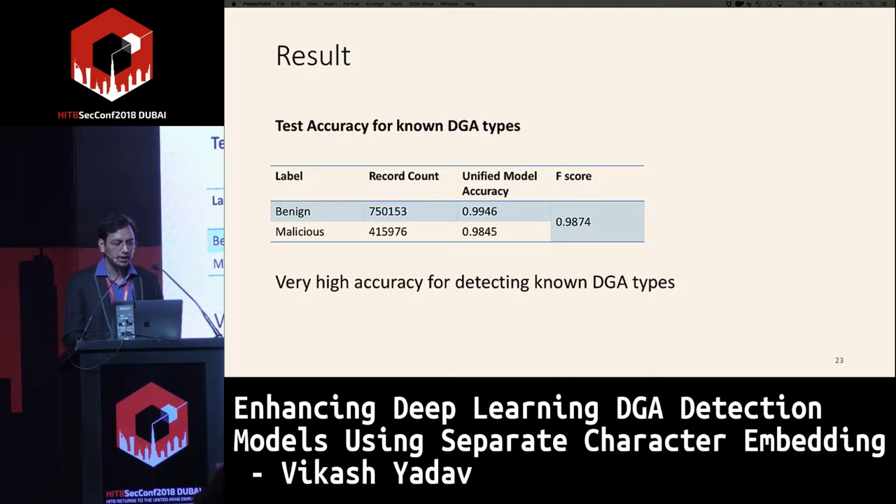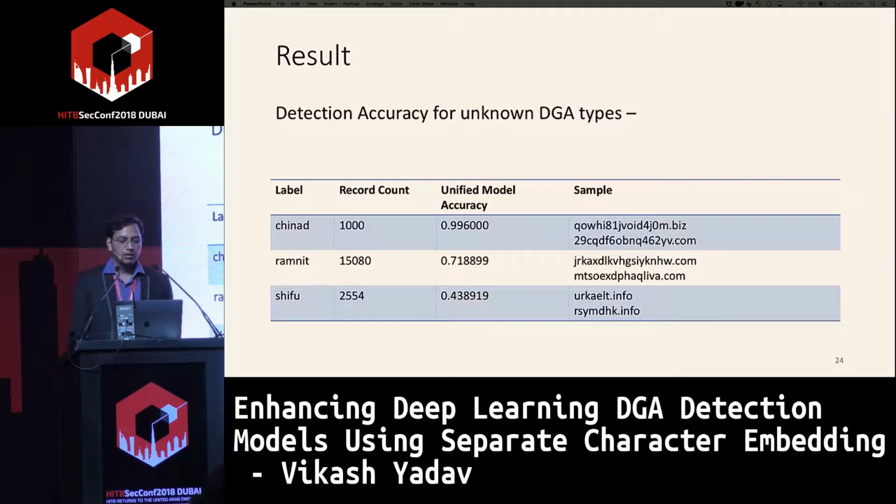And what we found is that these are the 3 DGA families. For the DGA family which has samples very similar to what the model saw in the training data, it gives very high accuracy. For example, for China DGA type, the model gave 99.6% detection accuracy, because the samples are very similar to what we pass in our training process of the model.